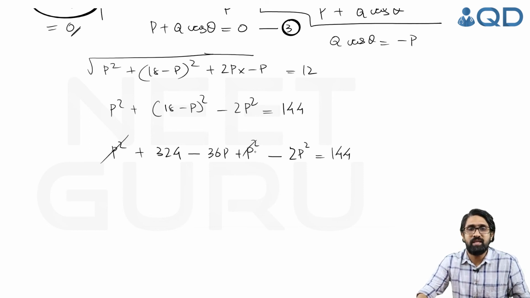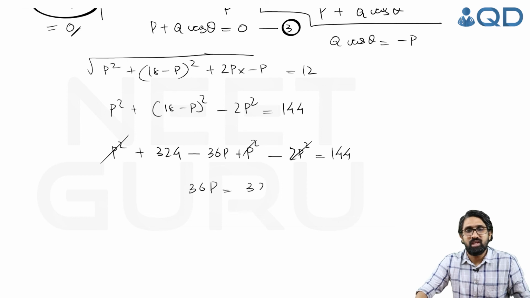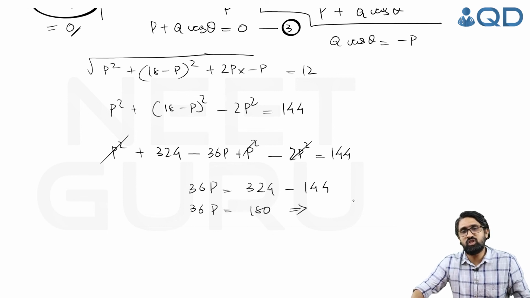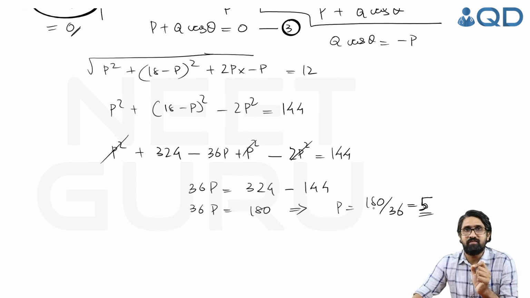Now, p square minus 2p square gets cancelled off, and then if I rearrange it, 36p will be equal to 324 minus 144. Now that is 36p is equal to 180, which means p is equal to 180 divided by 36, which is equal to 5.